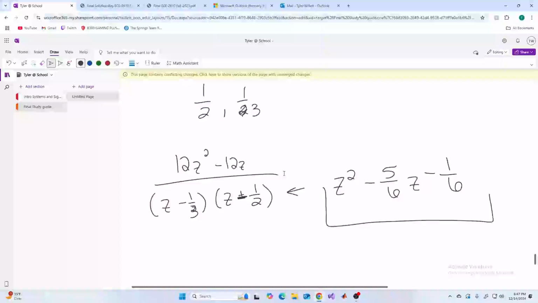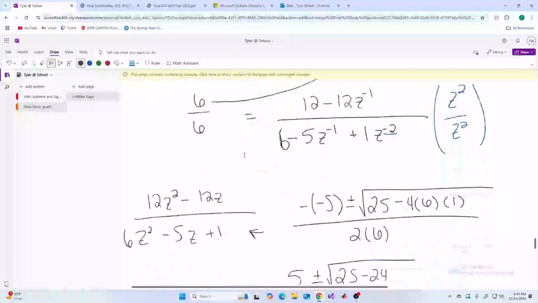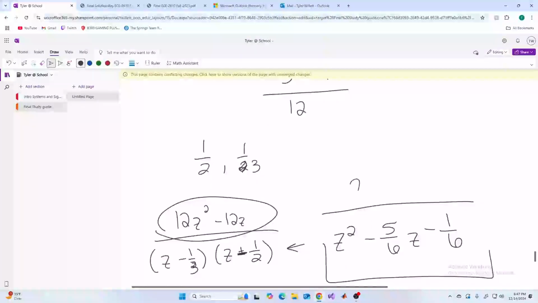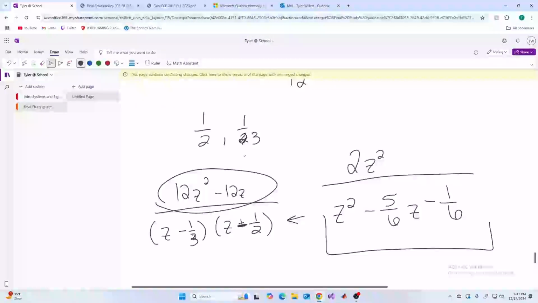So we don't have to worry about this up here. This value is the original value of 2z squared minus 2z. So I hope you see how I did that. This isn't actually what's up top.